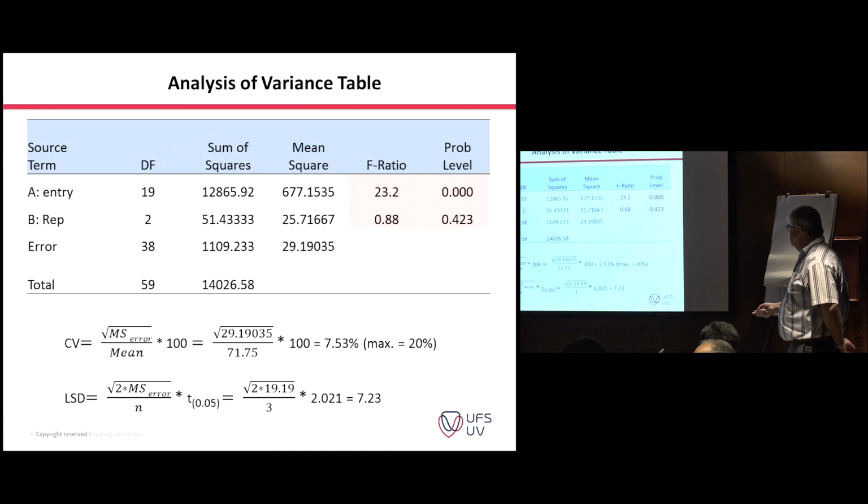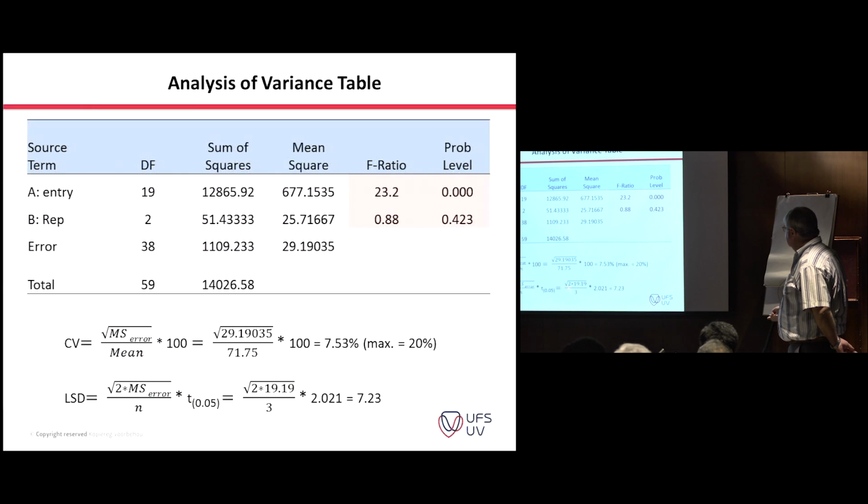Now basically the least significant difference is worked out by 2 times the mean squared error over the number of reps, times the t-value that corresponds with your error degrees of freedom. So that you'd look up in a table. Okay, so 38 degrees of freedom, the t-value would be 2.021.